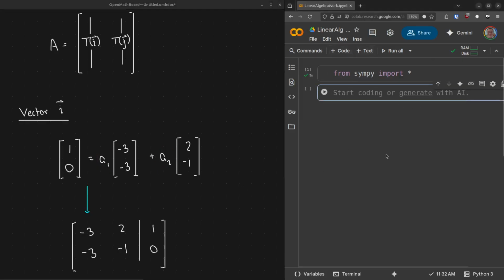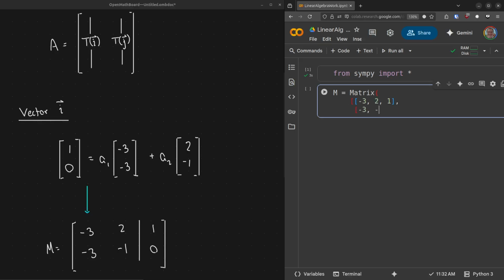Okay? I don't want to call this matrix A, because I already have a matrix A, so let's call it M. M is going to be the matrix with the first row -3, 2, 1 and the second row -3, -1, 0.